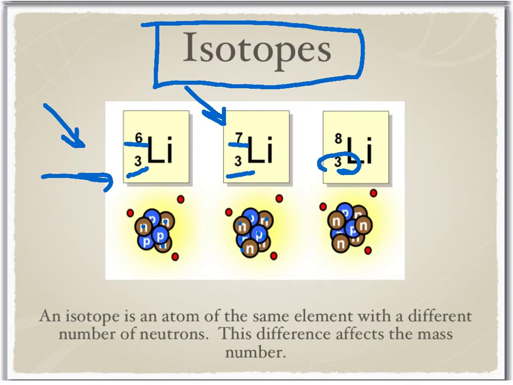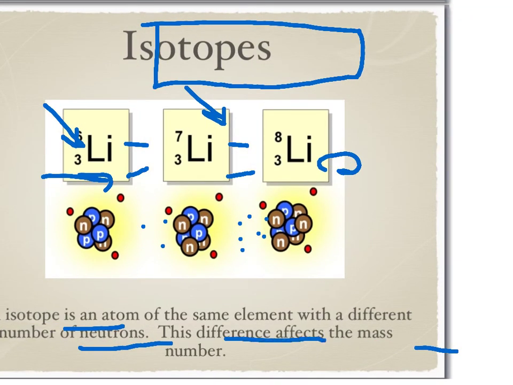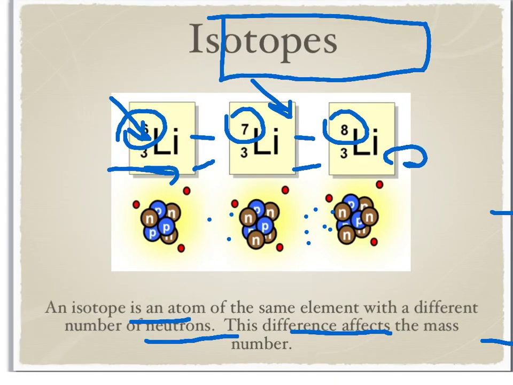So an isotope is an atom of the same element that has a different number of neutrons, and that in turn affects the mass number. And so when we see an atom that has a decimal, it's taken into account the average of the mass numbers. We'll talk more about how that works later.